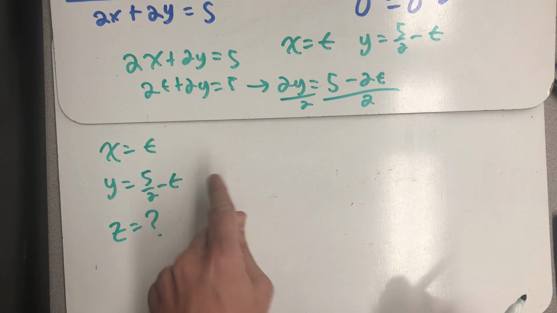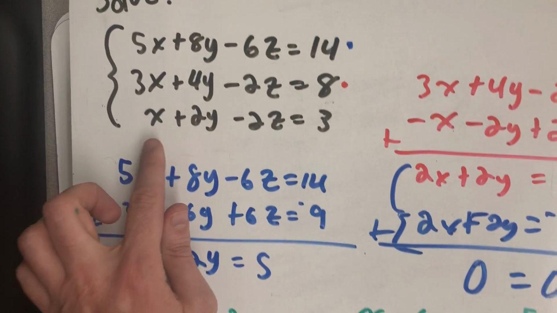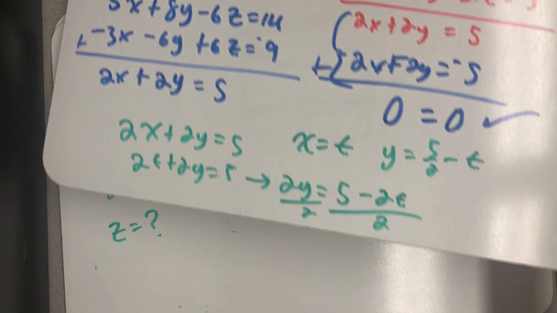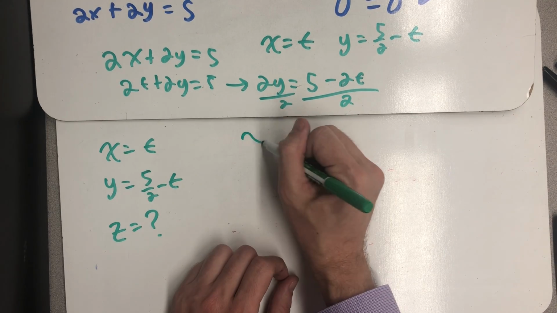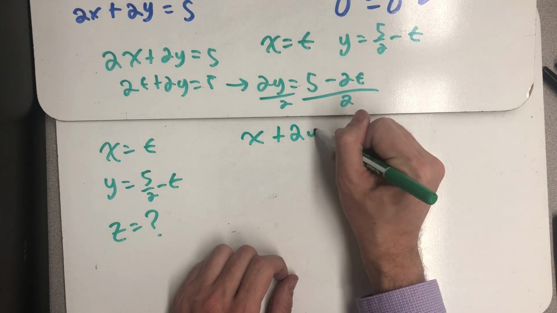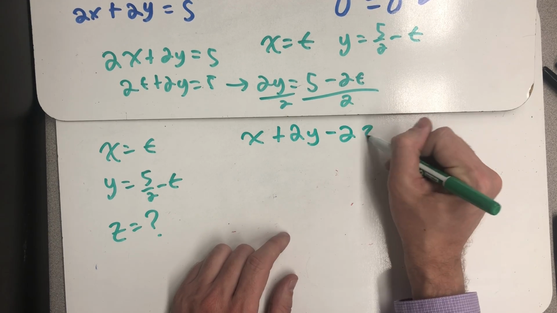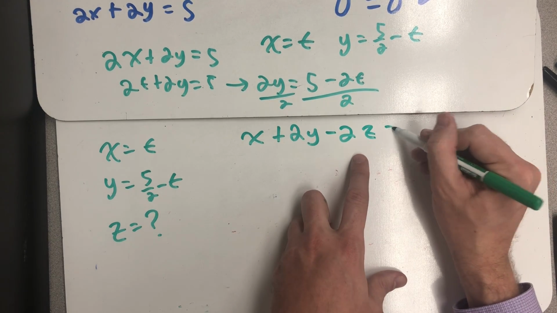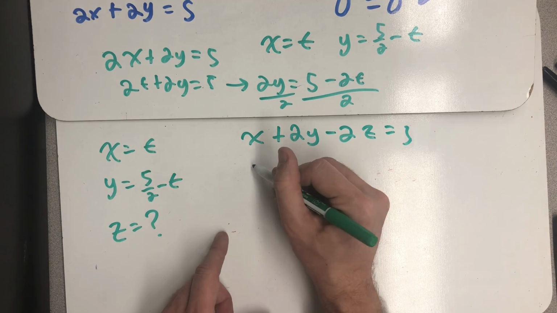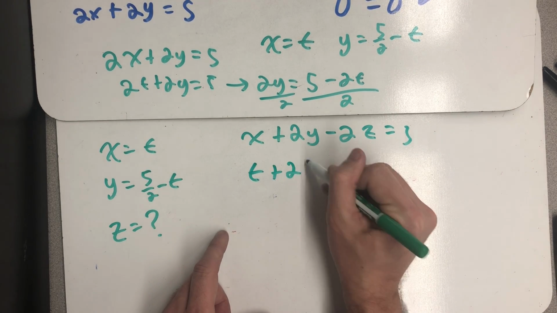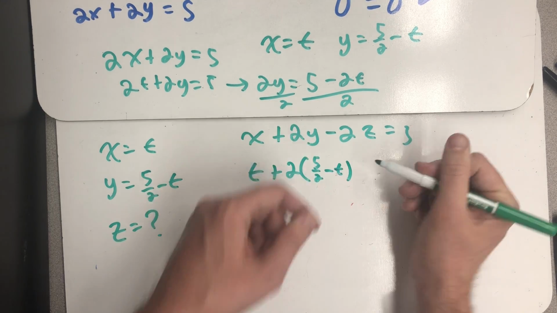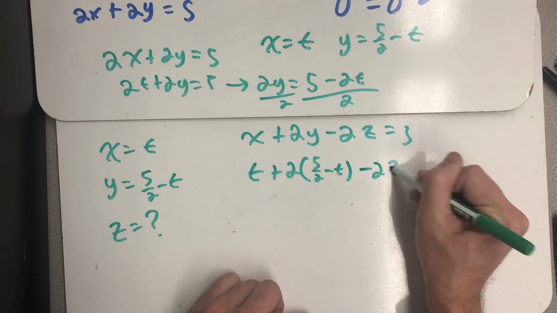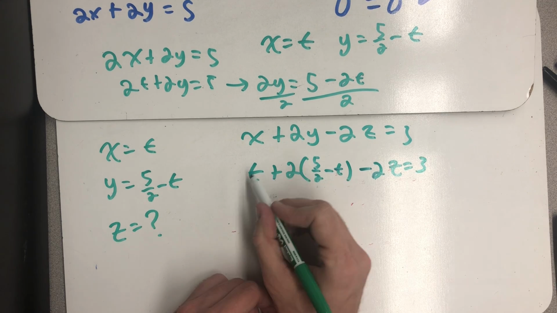So I take these two values and I plug them into any of the original equations I want and solve for z. So I'm going to choose that bottom equation. We'll rewrite it here because it's off screen now: x plus 2y minus 2z equals 3. Well, x is equal to t, plus 2 times 5/2 minus t, plugging in for y, minus 2z is equal to 3.